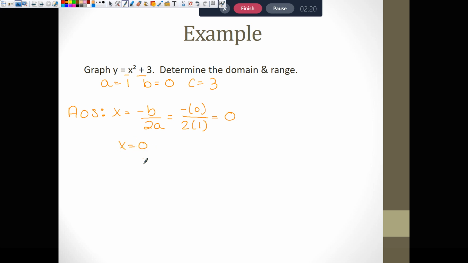Now I'm going to take that value and substitute it into my original equation to find my vertex. So my vertex is at 0, 3.